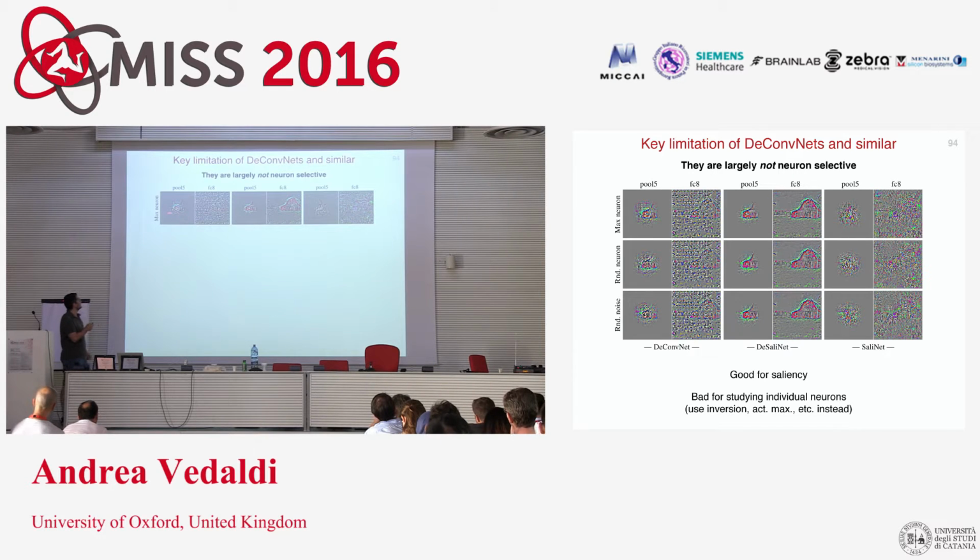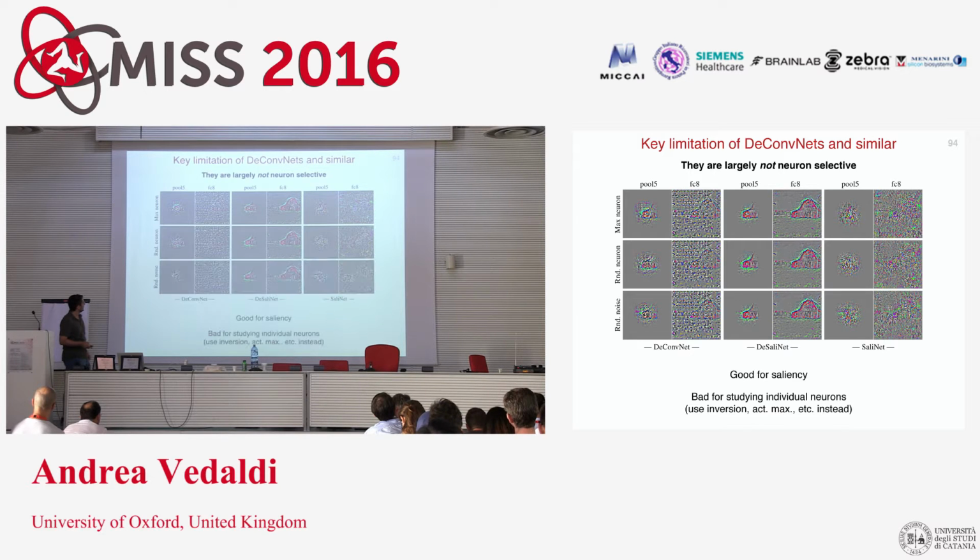So if you do that for this particular architecture and this house image, with two different neurons in pool 5 and fully connected layer number 8, this is what you get with the different methods. Actually, so this is DeconvNet, this is DeSaliNet, and this is SaliNet. All right? Now, crucially here, what we're doing is visualizing different neurons.